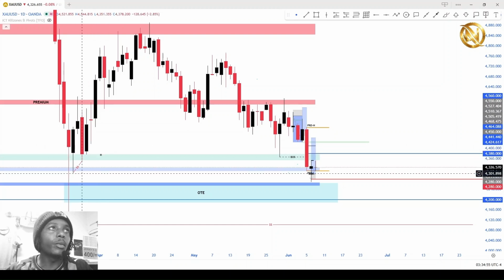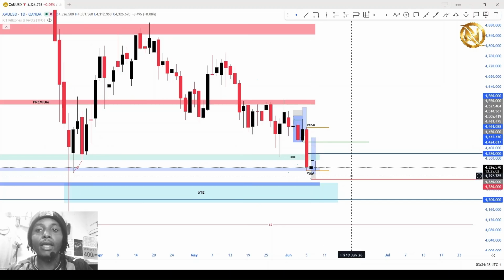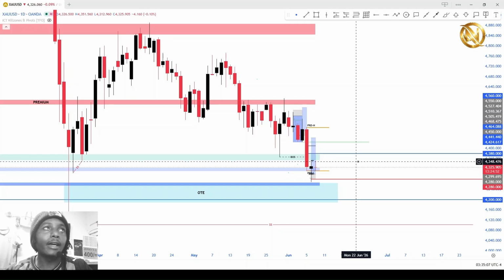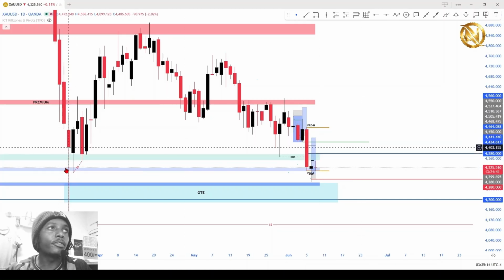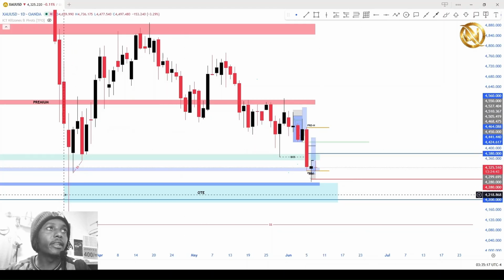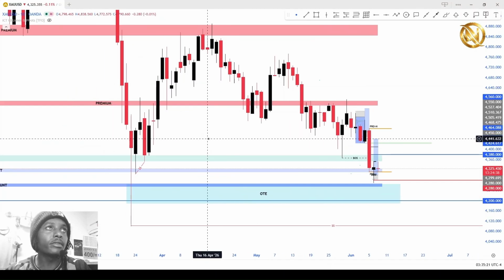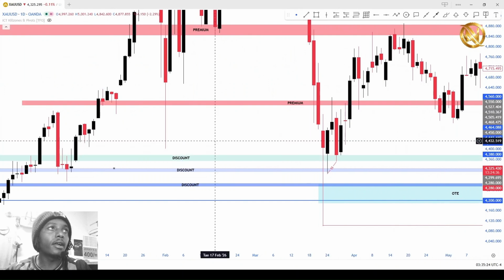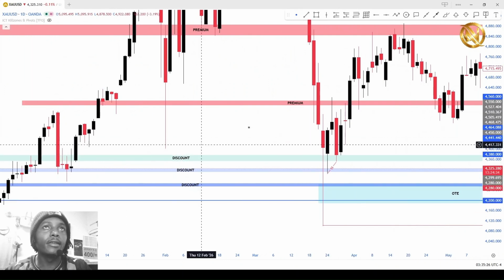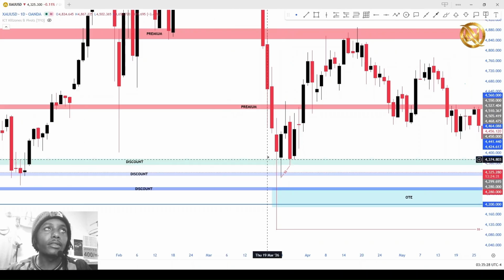After we broke them, that's when my interest in looking for a trade entry came into play. Another thing that gave me clear confirmation is that we had displacement after sweeping the liquidities located on the left side, because we have several liquidity levels there.